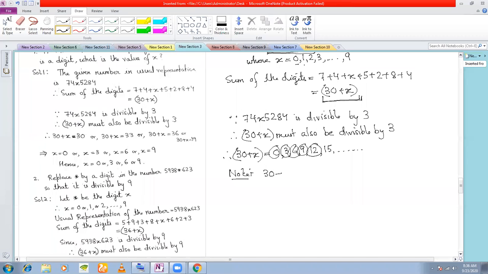If you take 30 plus x is equal to 0, then you get x is equal to minus 30, which is not possible because x can only take values from 0 to 9. Similarly, if you take 30 plus x is equal to 3, you'll get x is equal to 3 minus 30, which is minus 27, which is not possible.